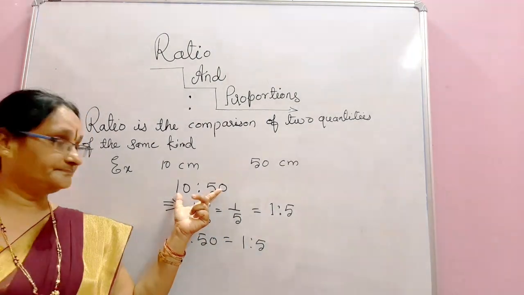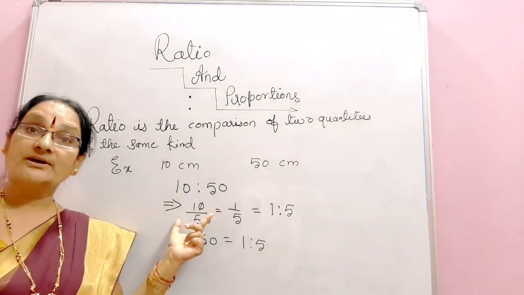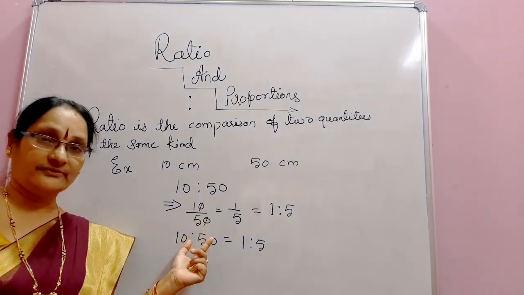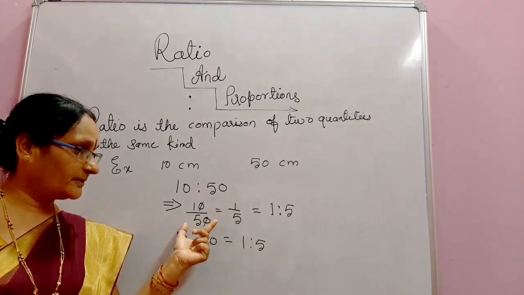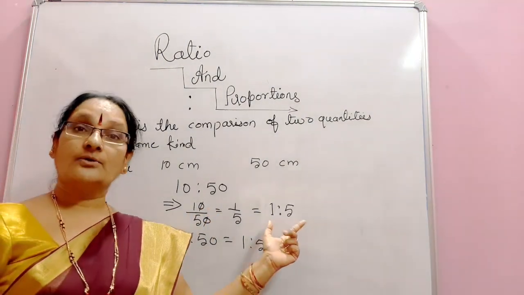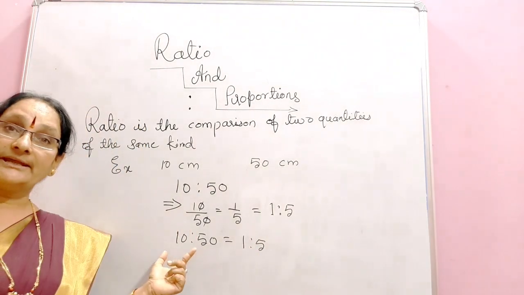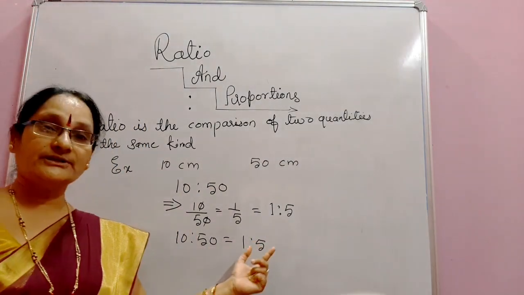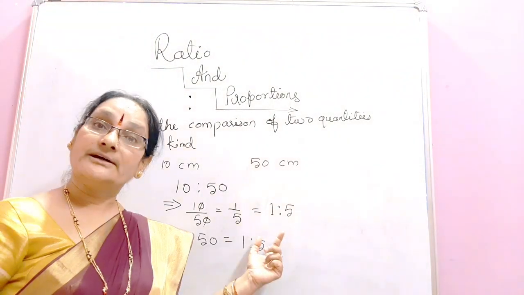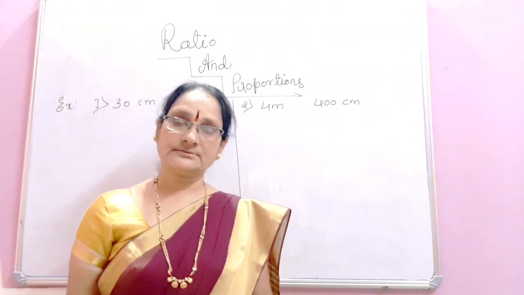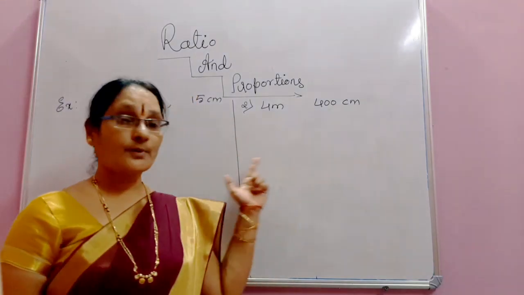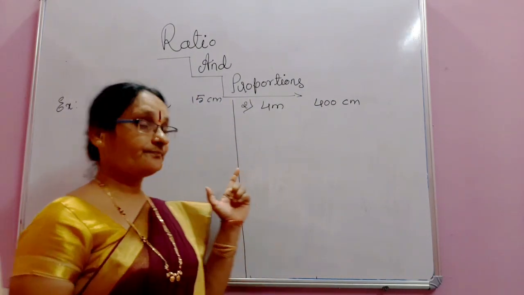Ratios can be written in the form of a fraction, 10 by 50. This can be simplified and we get 1 is to 5. So the simplified form of 10 is to 50 is 1 is to 5. This is ratio. Yes students, let me solve two problems on ratio.